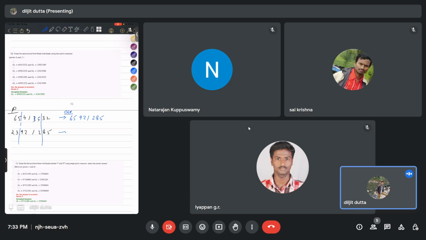The point will be this crossover site, B and F. It is mentioned that after F is this one, after B is this one. So when a particular site is mentioned, it means after that point. This is B and this is F, so after B and after F.